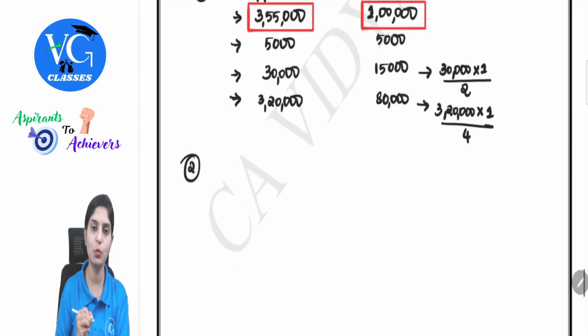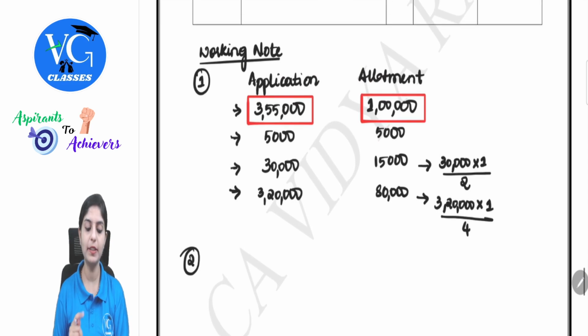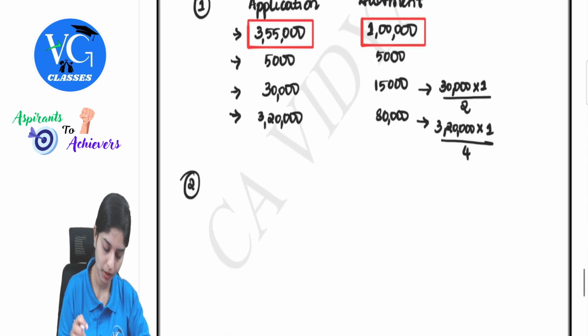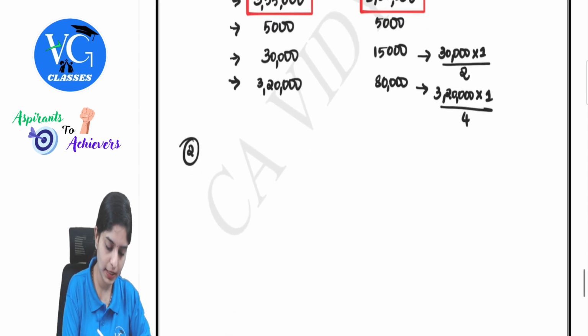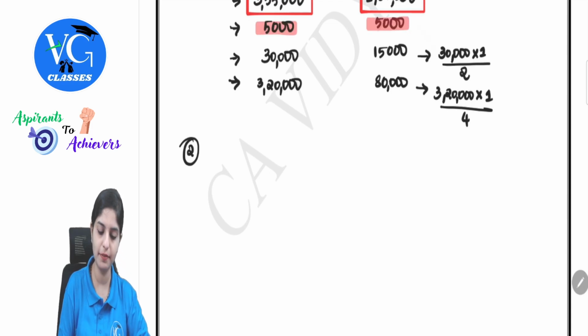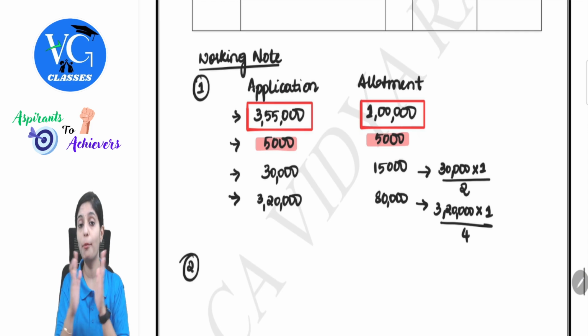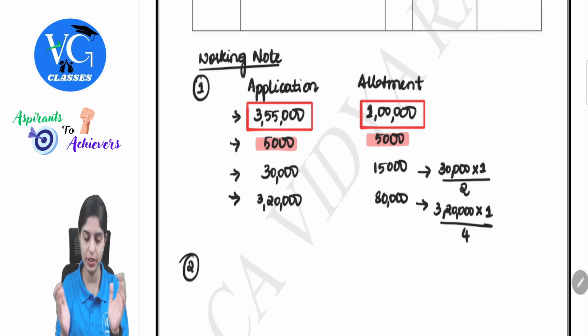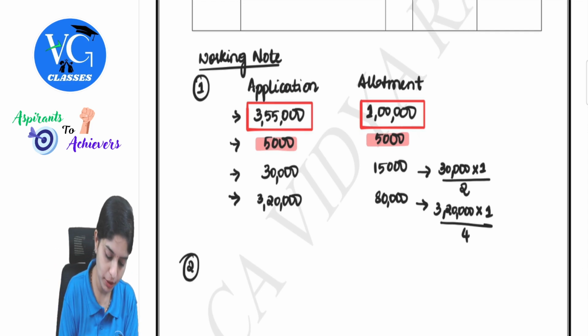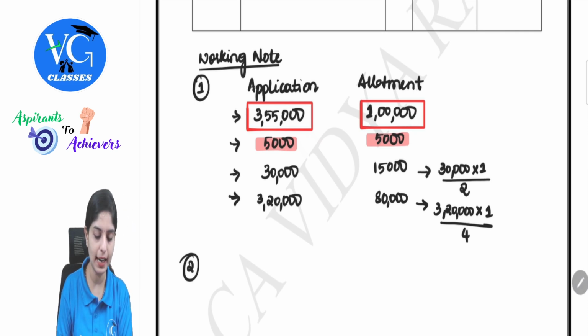Now let's understand working note number 2 with respect to the excess money received and its treatment. Since if you observe, for 5,000, there was 5,000 allotted. So there is no question of having a differentiation here. The problem comes only for these two, 30,000 and 3,20,000.